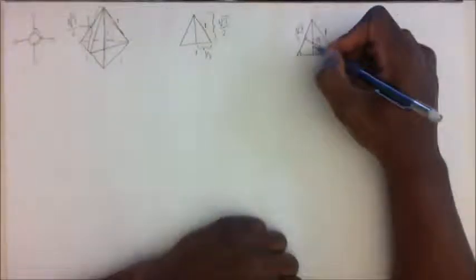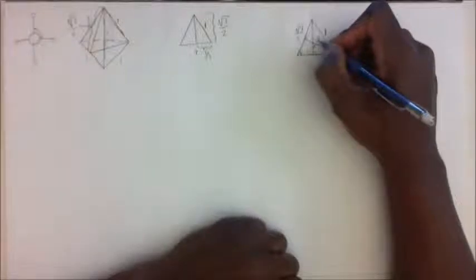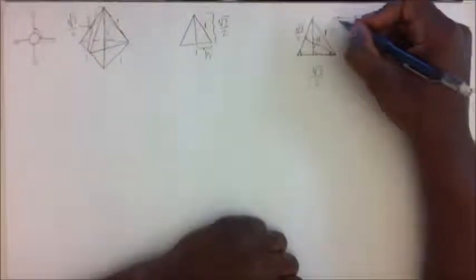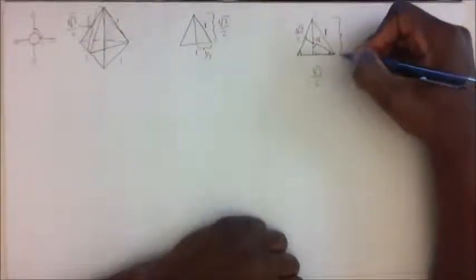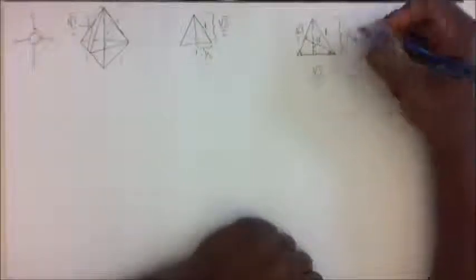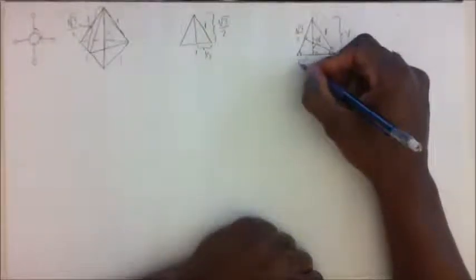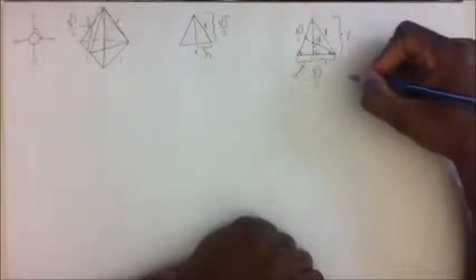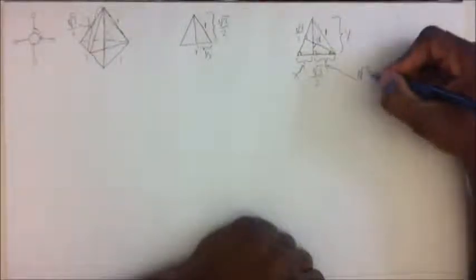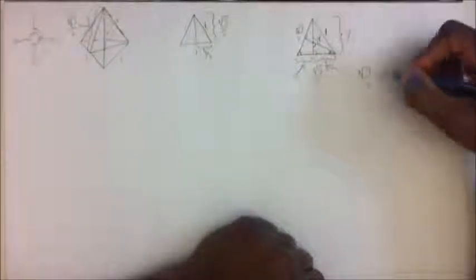And mind you, this angle is 180 minus the angle which we're looking for. With that in mind, let's consider the height of this to be y. I will call this side x, and this side here is the square root of 3 over 2 minus x.